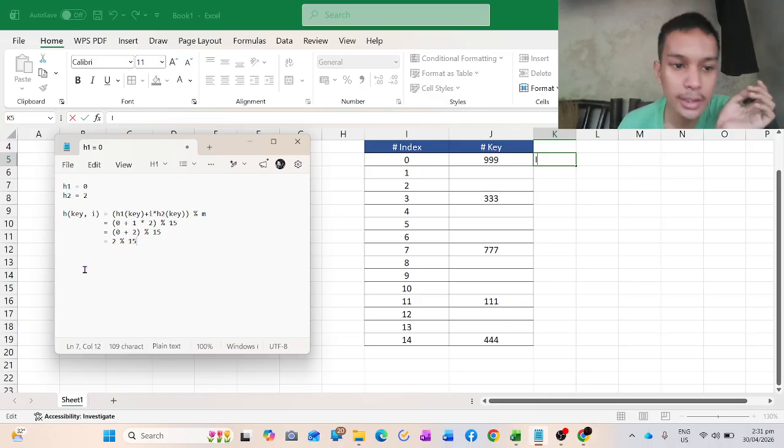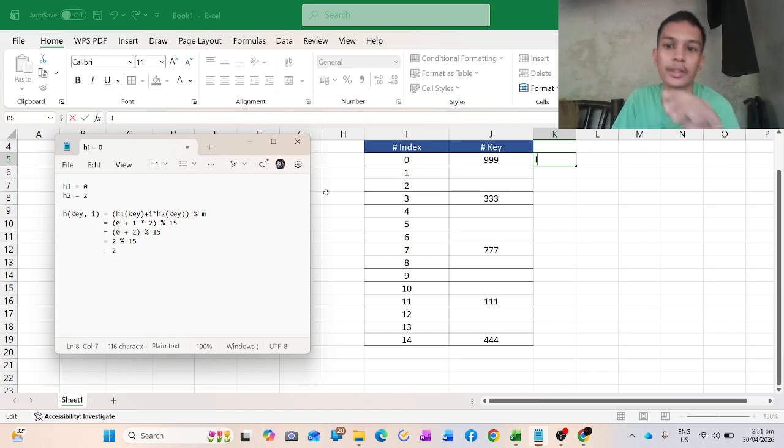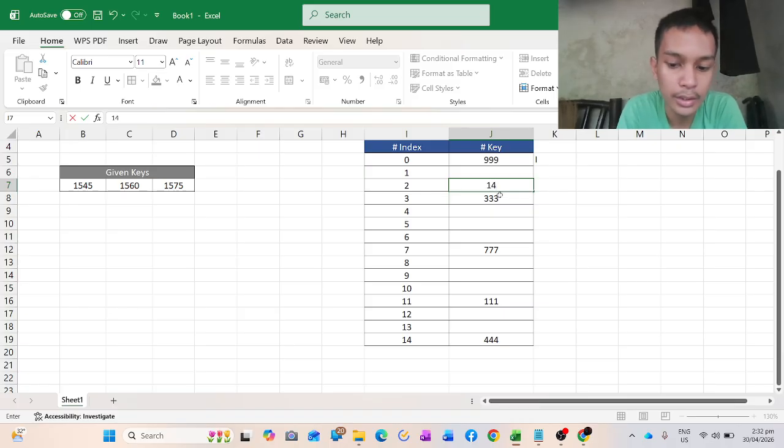We're going to put this in number 2. Since index number 2 didn't have any data, we are going to put it at index number 2.